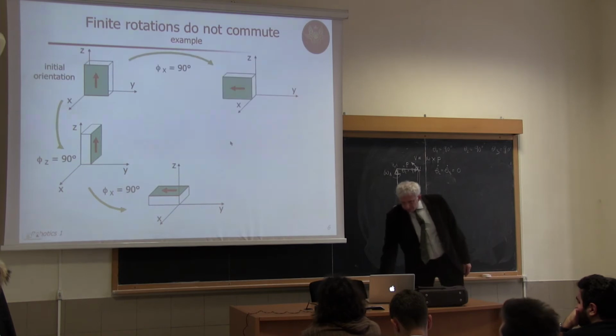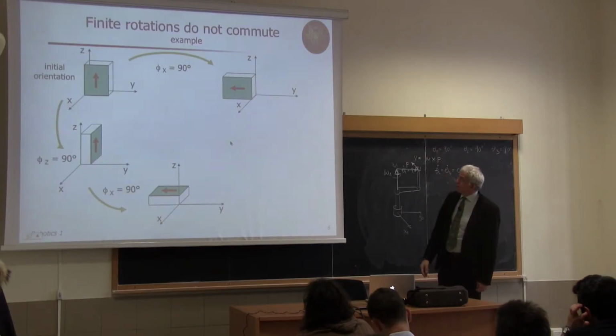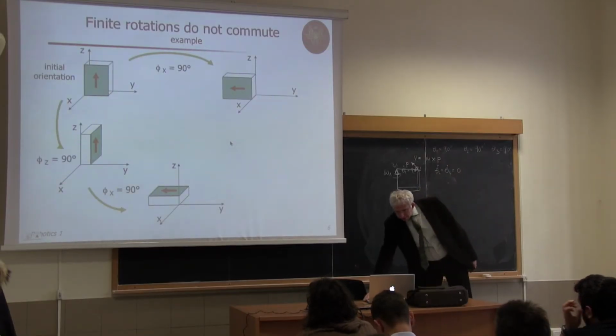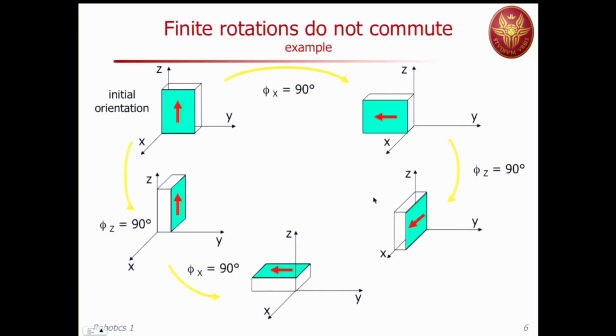What if I flip the two things? First rotate 90 degrees around the x-axis, so the box goes there, with the arrow just for a nice view, and then I do the rotation of 90 degrees around the z-axis, counterclockwise.